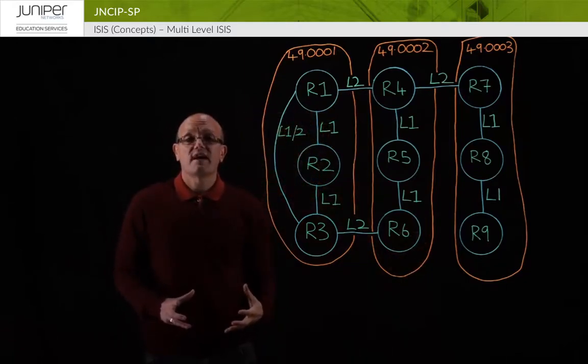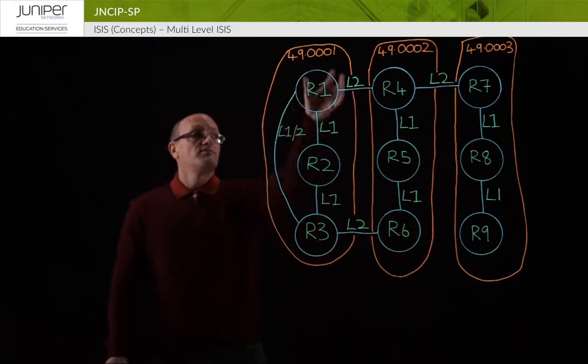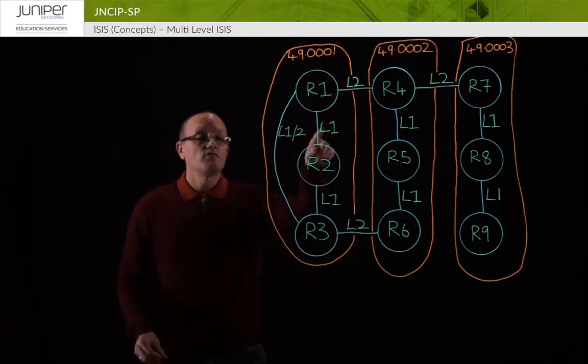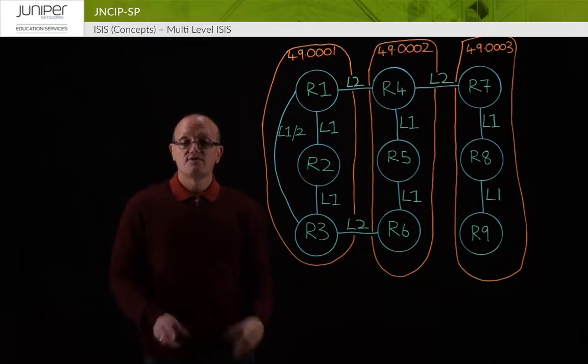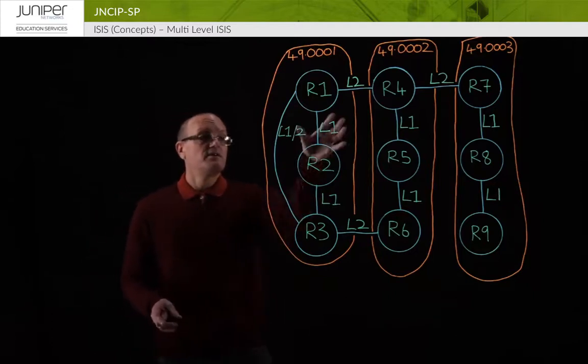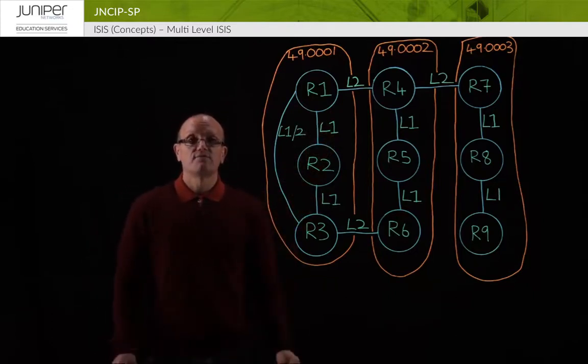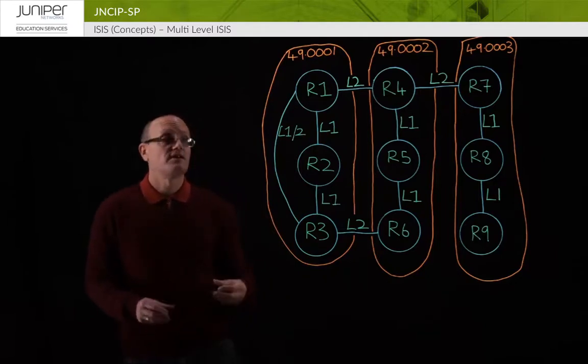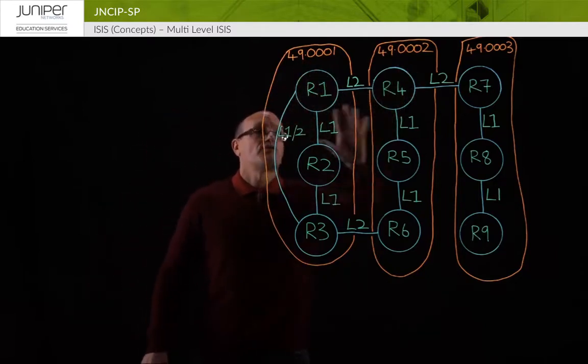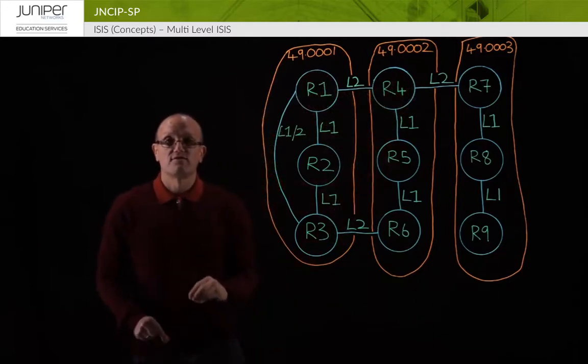What instead is happening is that on a router that has both level 1 and level 2 adjacencies, the information from the level 1 link state PDUs is being inserted into level 2 link state PDUs and advertised across those level 2 boundaries.